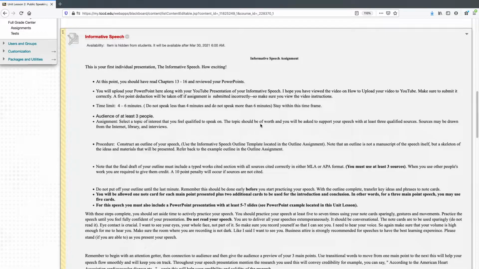The topic should be of worth, and you will be asked to support your speech with at least 3 qualified sources. Sources may be drawn from the internet, library, interviews. Please do not use Wikipedia as a qualified source. Again, at least 3 sources you must use to support your main points.